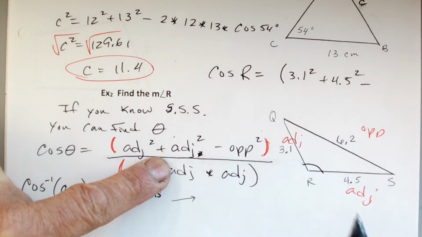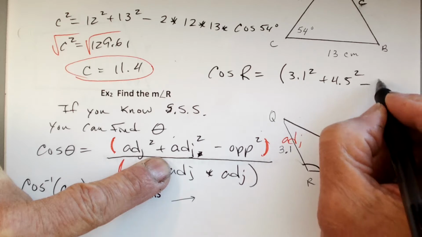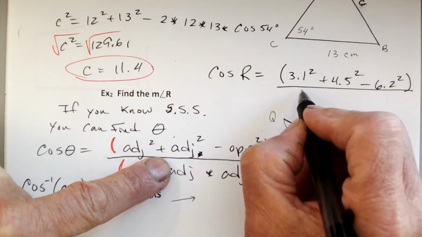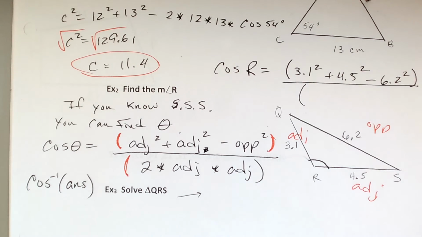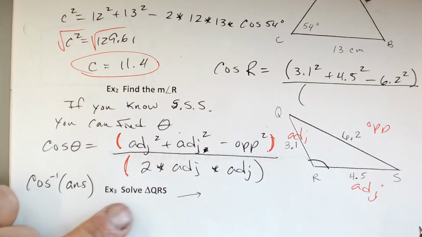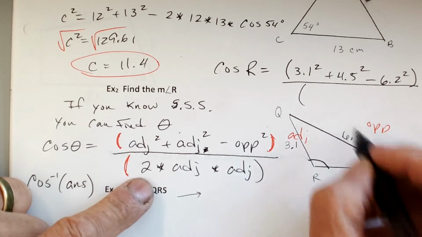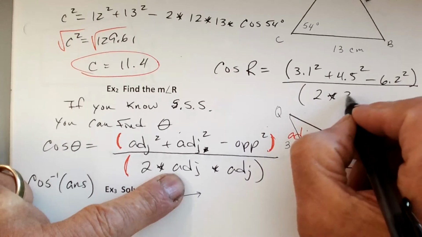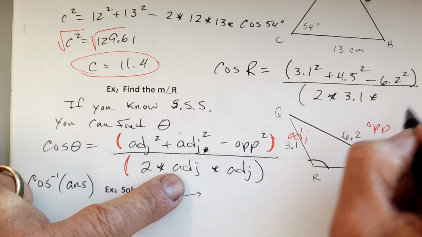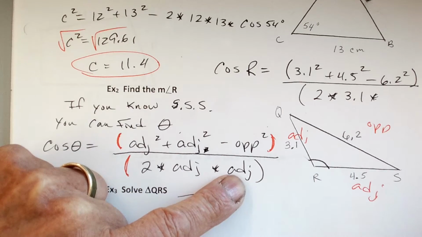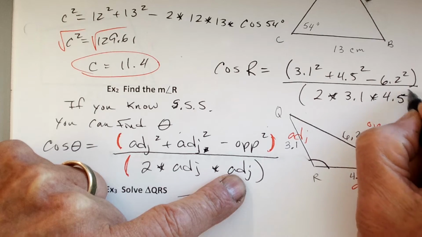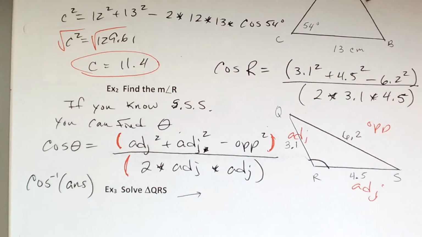Subtract my opposite squared, which is 6.2 squared, parentheses, divided by parentheses. I am now going to go my 2 times my adjacent, which is my 3.1, times my other adjacent, which is my 4.5, parentheses. And now I'm just going to put that in my calculator.